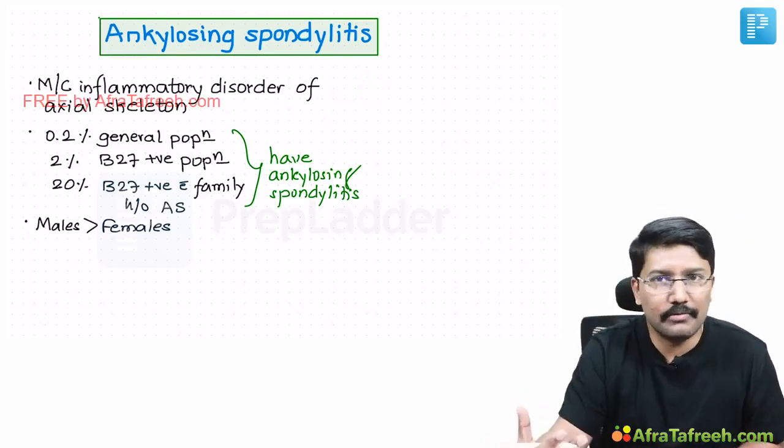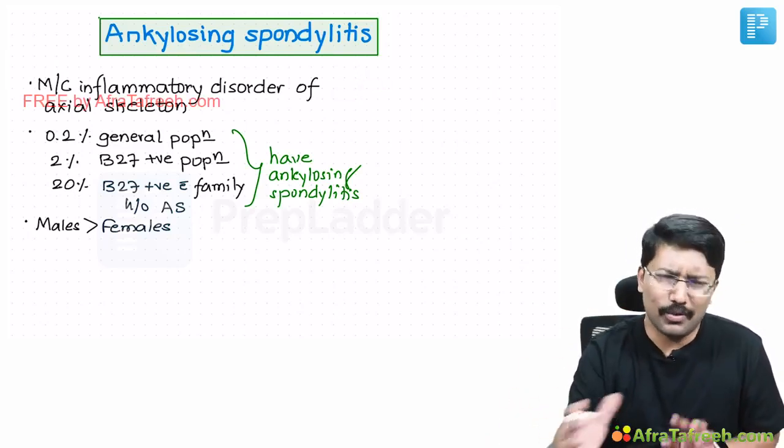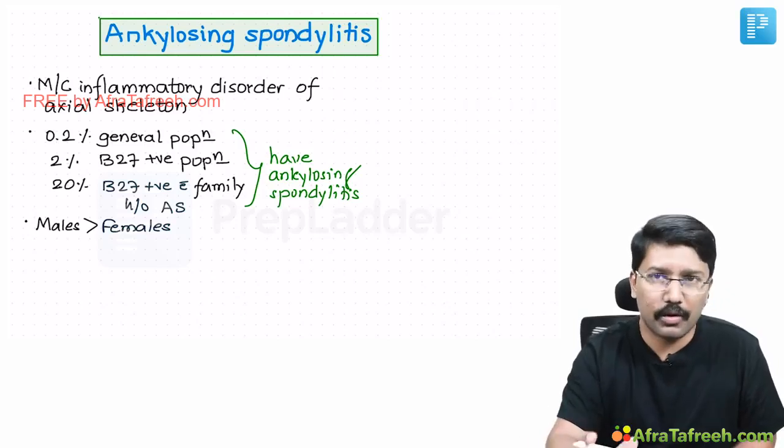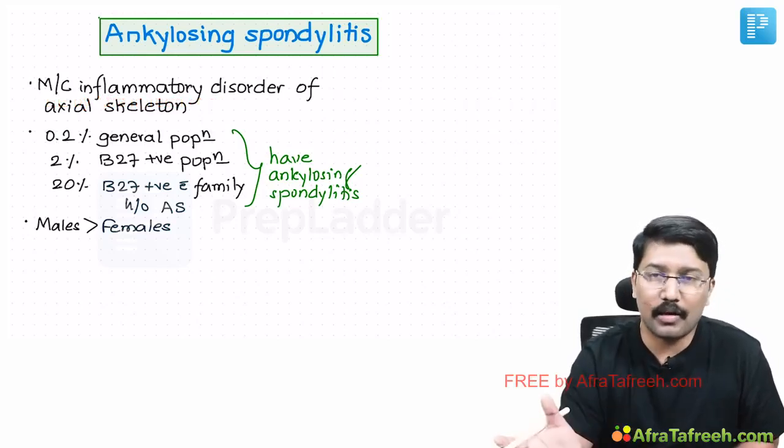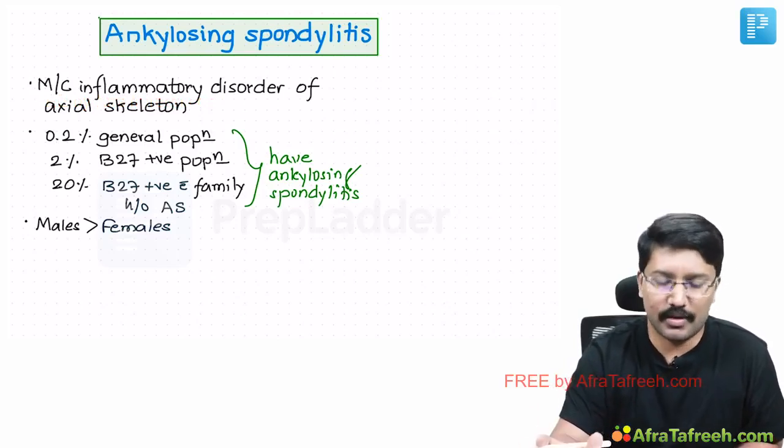Now the second thing I want you to remember is what I call a rule of 2. Not exactly a rule of 2, but I will call it that for the sake of remembering. That is about the prevalence of ankylosing spondylitis.